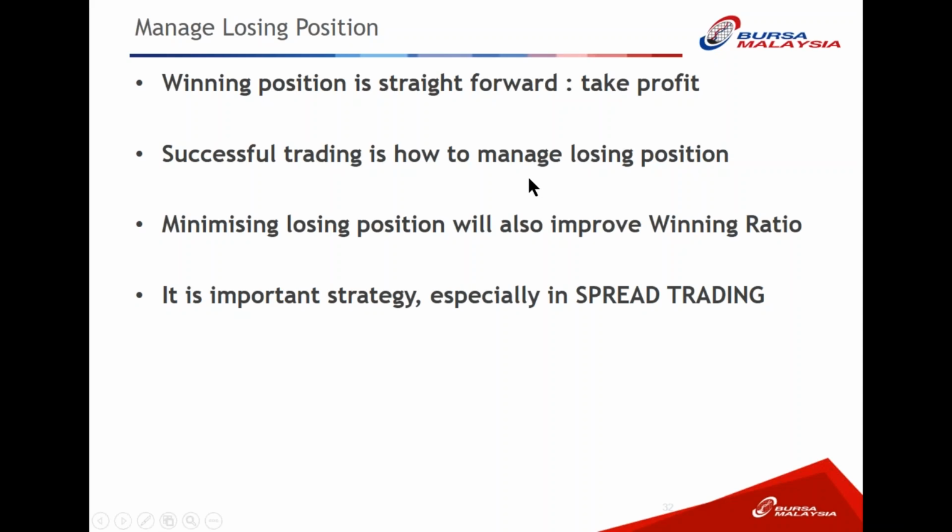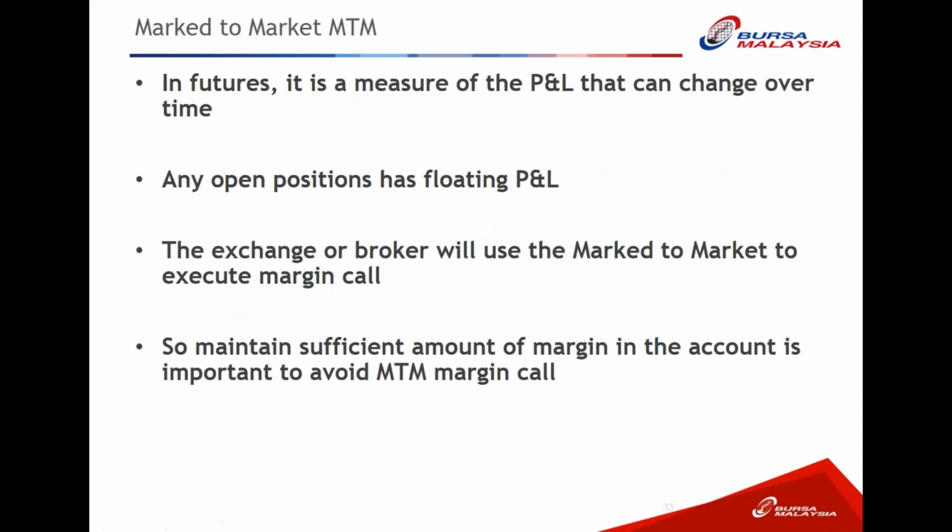Another part of my topic will be about mark to market. Mark to market is something that is a risk to you. In futures it measures the P&L that always changes over time, because if you're trading only one contract, it's easy, just the current price minus your entry price will be the profit and loss.